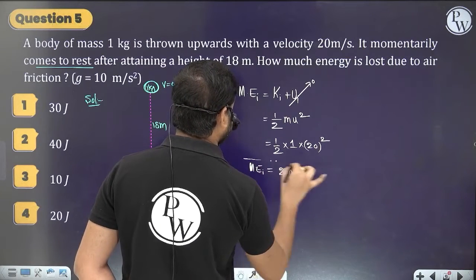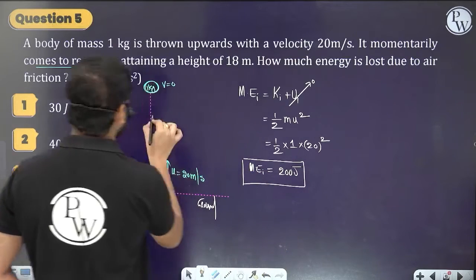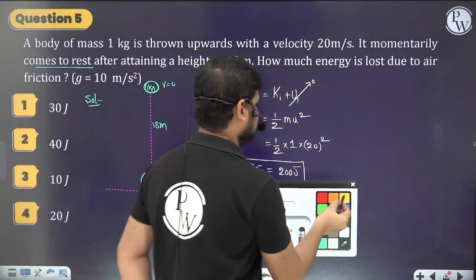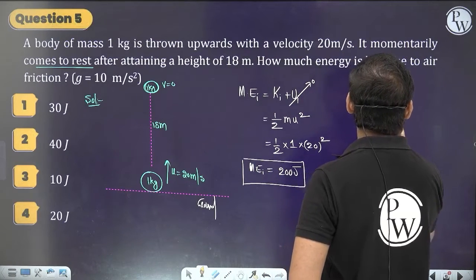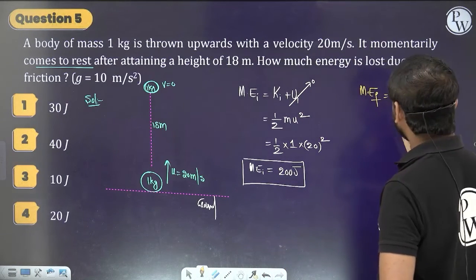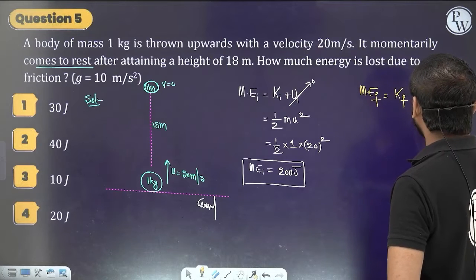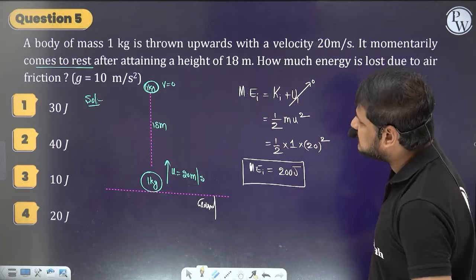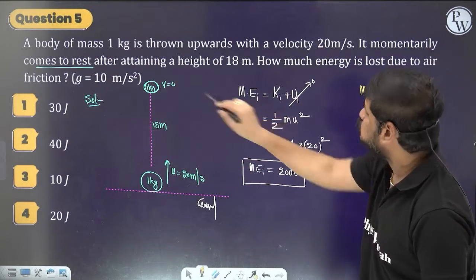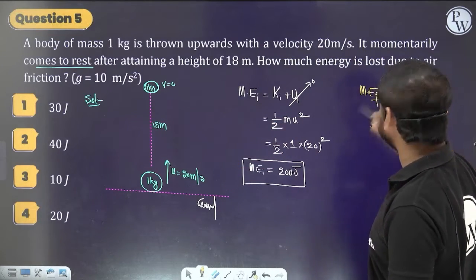Now this ball has reached the point where it comes to rest. Then let's find the final mechanical energy. What is the final mechanical energy? Final kinetic energy plus final potential energy. What is the final kinetic energy? It comes to rest, so the final kinetic energy will become 0.